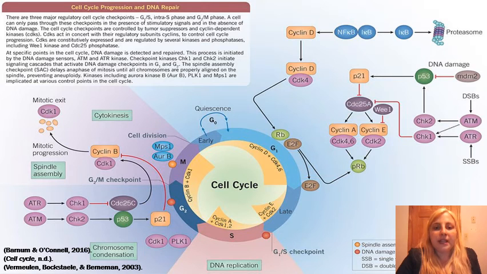This activity inhibits CDC25A, which is the necessary phosphorylating enzyme for the cyclin A, CDK4, and CDK6 complex, as well as the cyclin E and CDK2 complex. Furthermore, CHK1 directly inhibits the CDC25A enzyme.